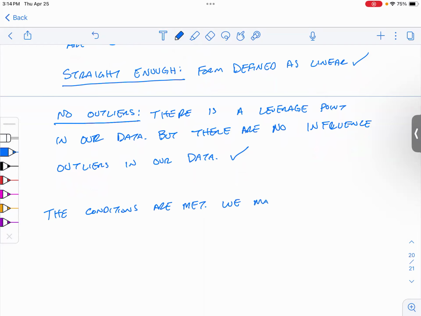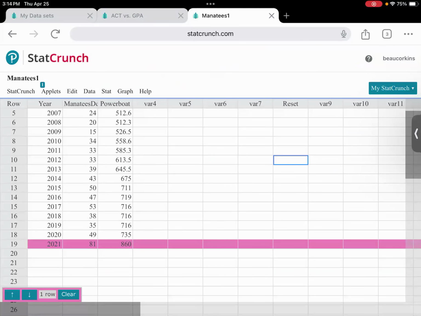We may assume R, I'll look at it in a minute, is useful. And R in this case, oh, I lost all my data.